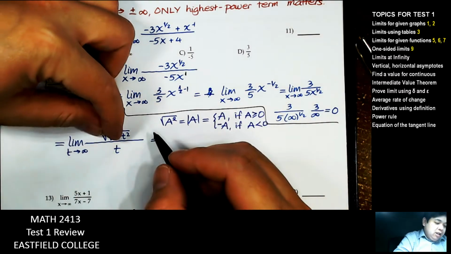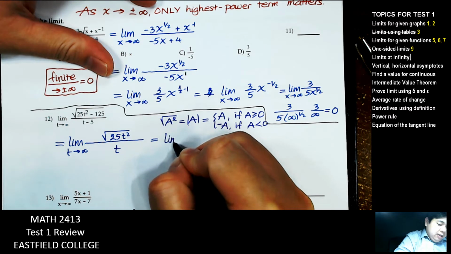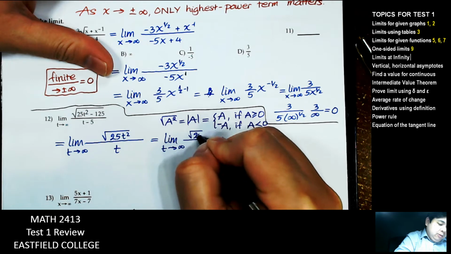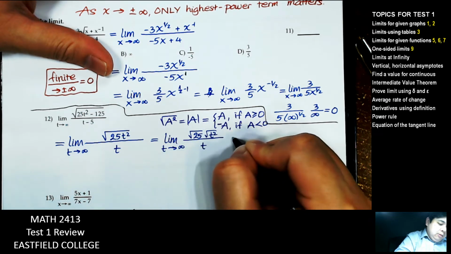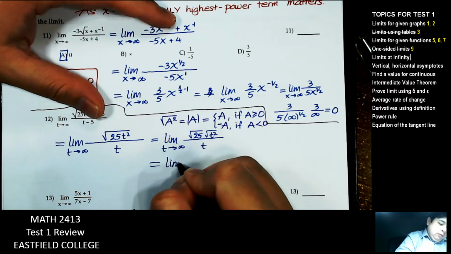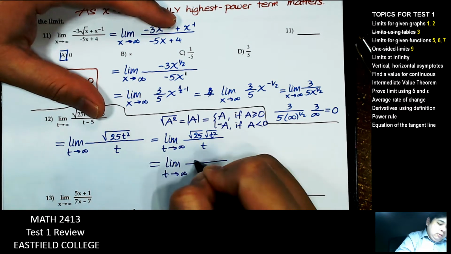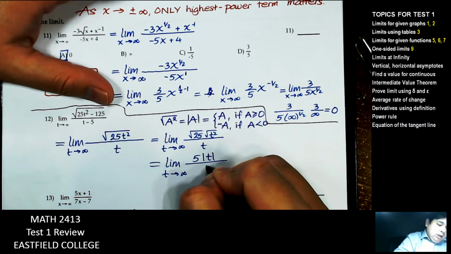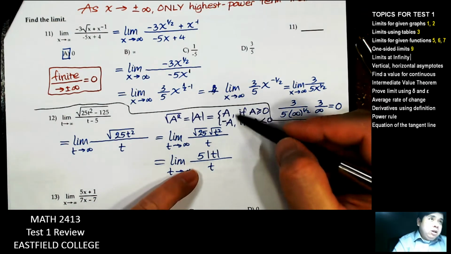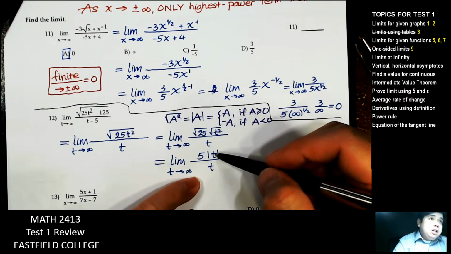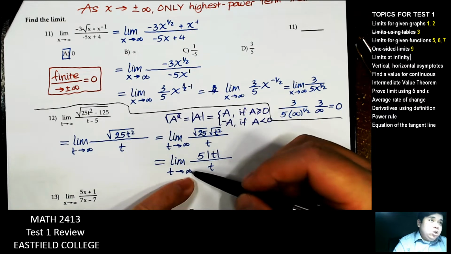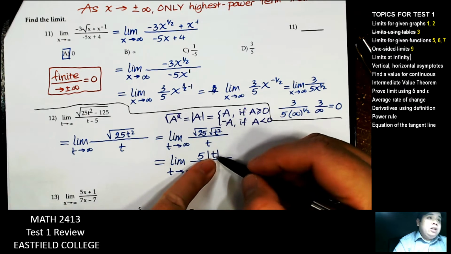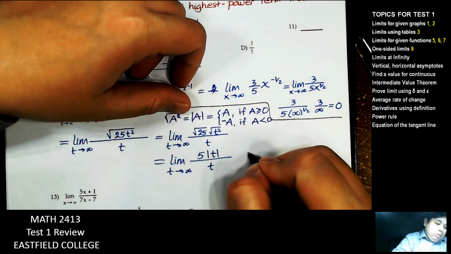We can split the square root. And the square root of t squared is the absolute value of t, over t. Now we're using this property: it will be itself if it is greater than or equal to 0. Since t goes to infinity, t is positive, and when t is positive, it will be equal to itself. So it's just t, so it's going to be 5t.